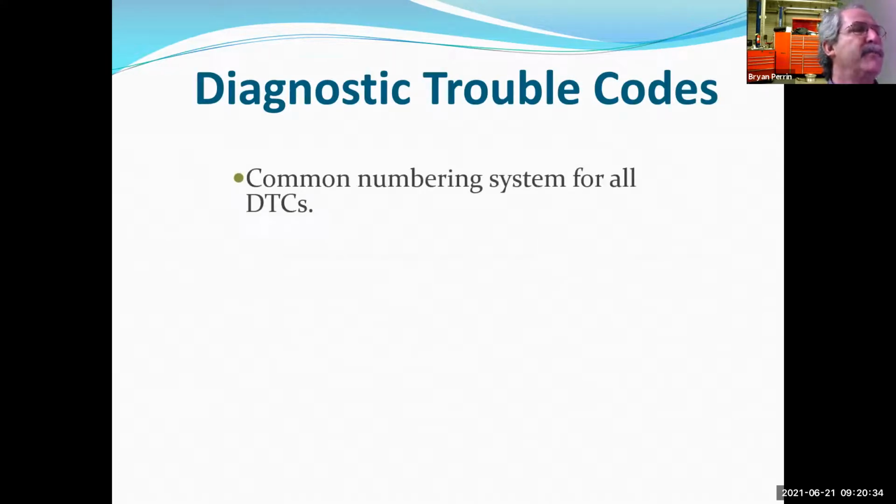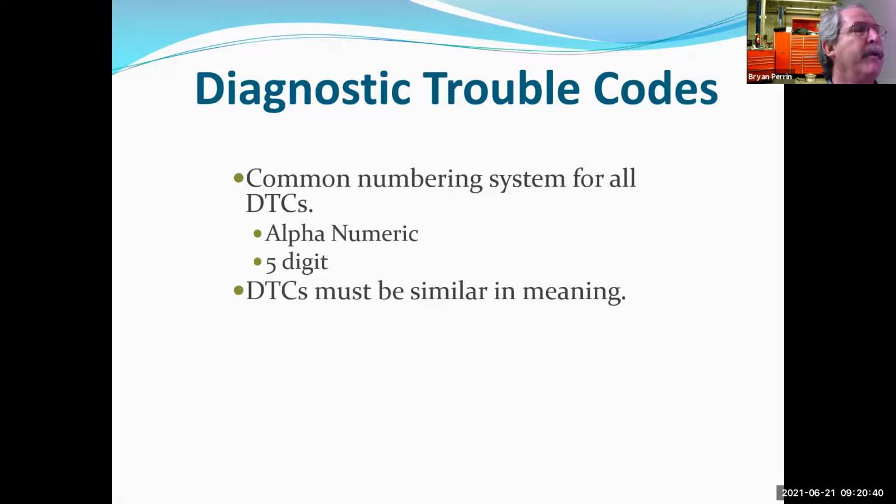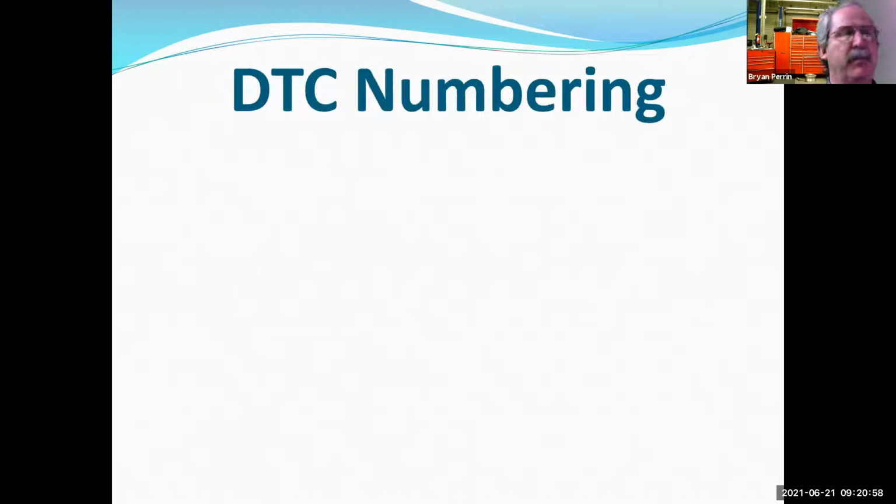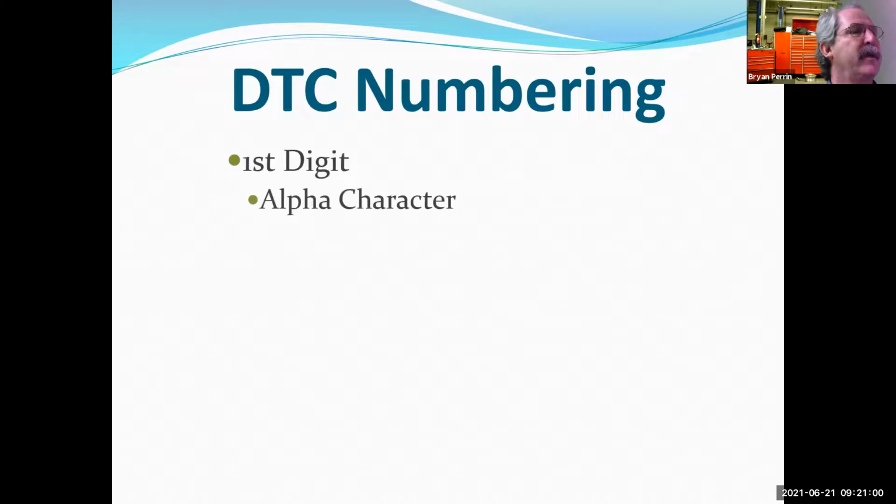The common numbering system for all DTCs is alphanumeric, 5-digit. DTCs must be similar in meaning. That doesn't mean they mean the same thing. DTC designation must be common, but not the same. And it's standardized in J2012. So in our DTC numbering, the first digit is an alpha character.